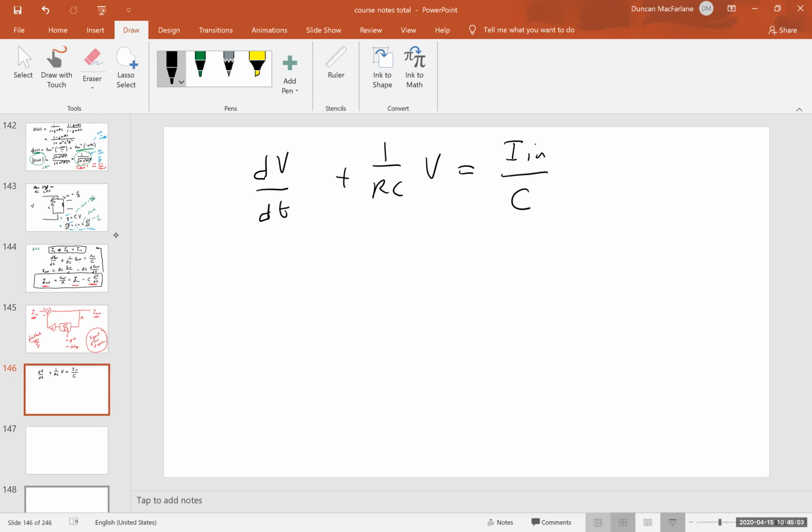But where everybody will get upset is that this simple derivative and then the algebra that followed gave us a differential equation. And all that is an equation, an equality that has derivatives in it.